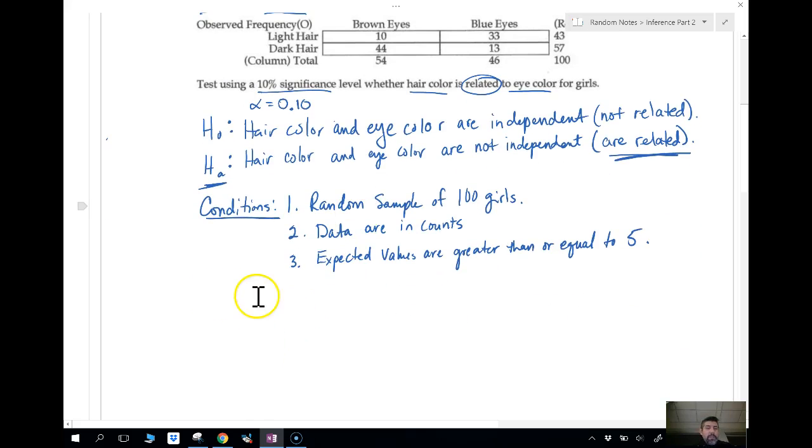So the next thing we need is our rejection region. In order to do our rejection region, we need to have a degrees of freedom.